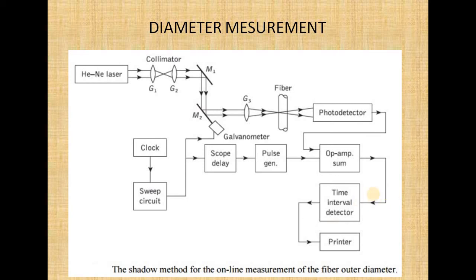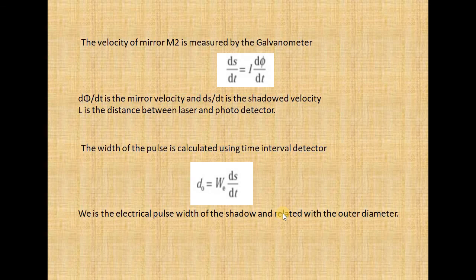The electrical pulse width of this shadowed signal is related to the fiber outer diameter, and it is given by this formula: d0 equals the width of the electrical signal times ds/dt. Here ds/dt is the velocity of the fiber shadowed signal, and dphi/dt is the mirror velocity.